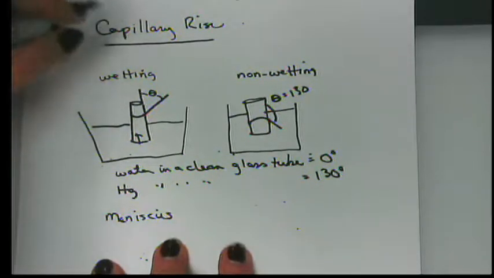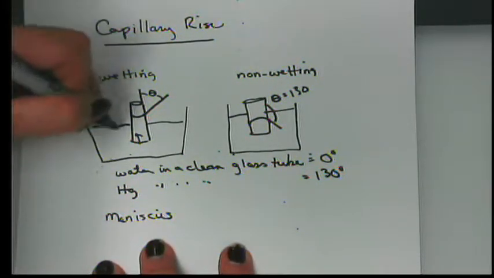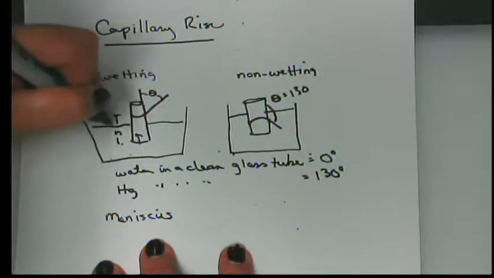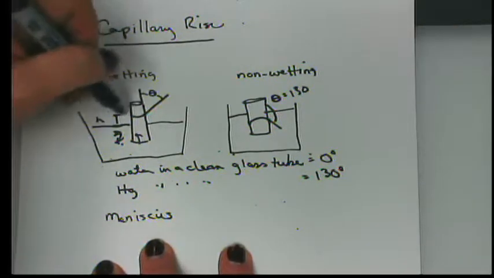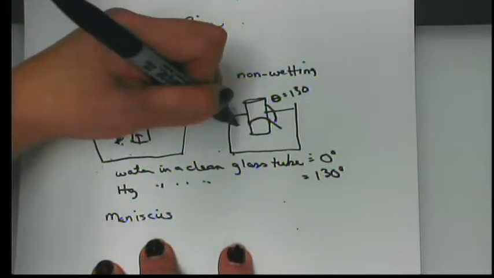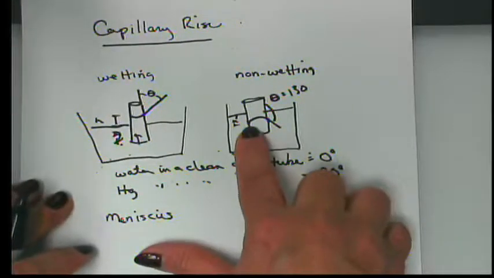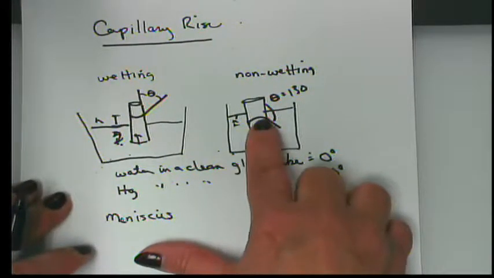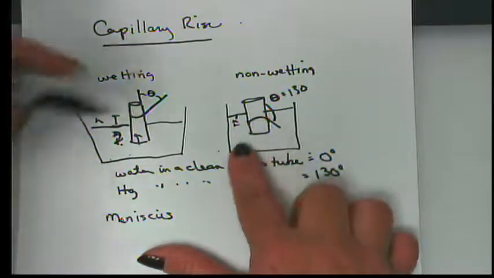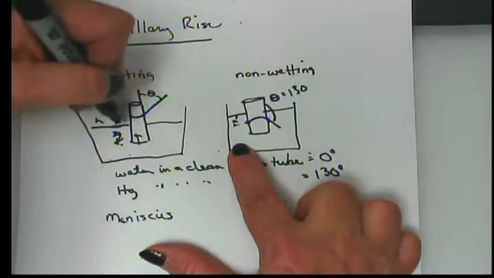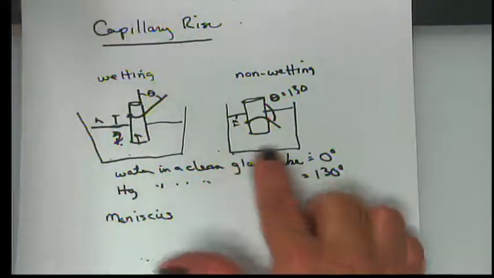And if you take the distance from the fluid surface to the meniscus, there is some decision to make as to whether we're talking about where it intersects the tube or the top of the meniscus. And we are talking about the point where it intersects right here.